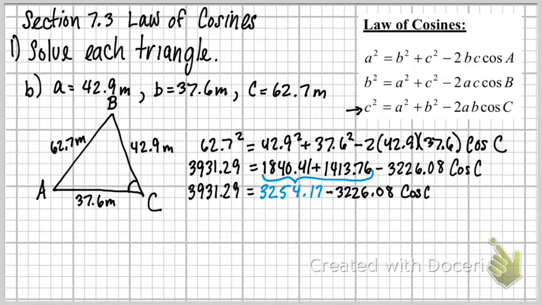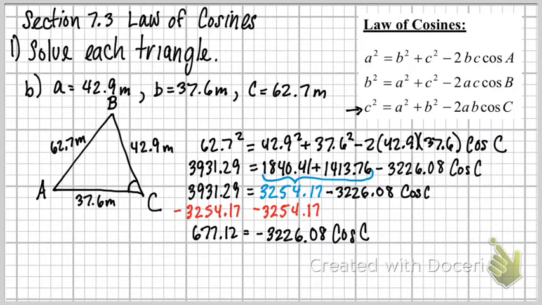Now we're going to subtract 3254.17 from both sides. And this is what we get, which gives us this.